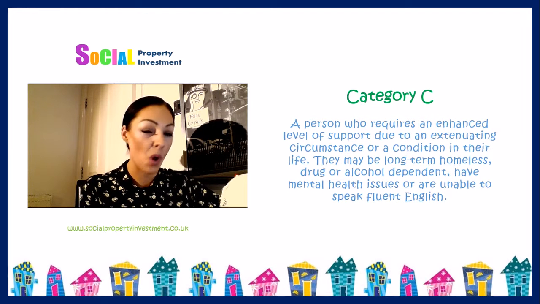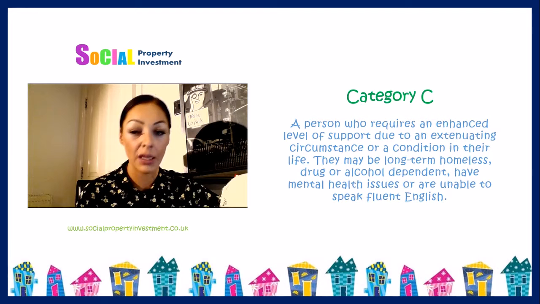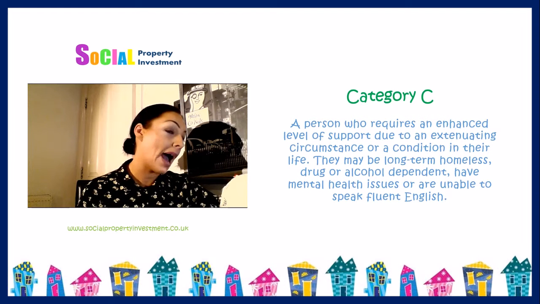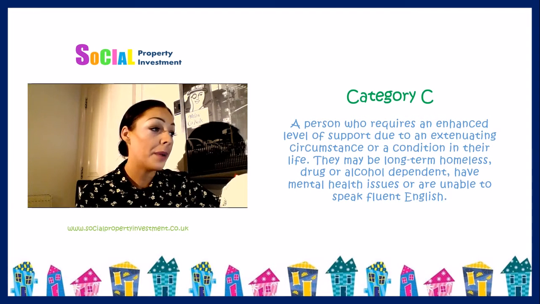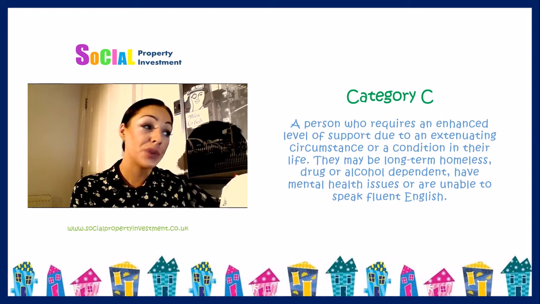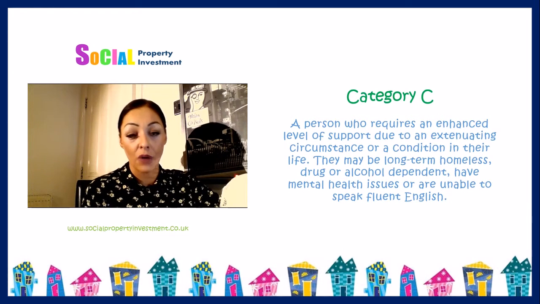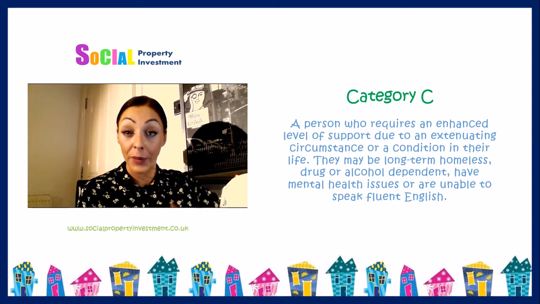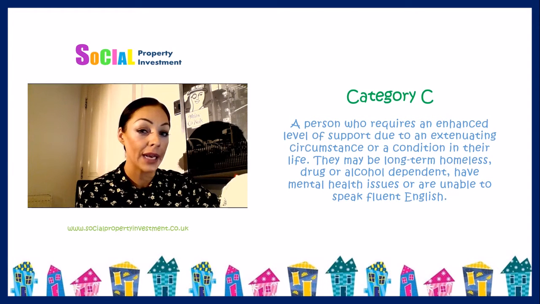They might need a support worker to go in once a week, or to see a psychologist on a regular basis. They might have a social worker that checks in on them. They may have mental health issues, or they may not. They may be an asylum seeker or refugee and unable to speak fluent English. So it's somebody who needs much more support than the norm.